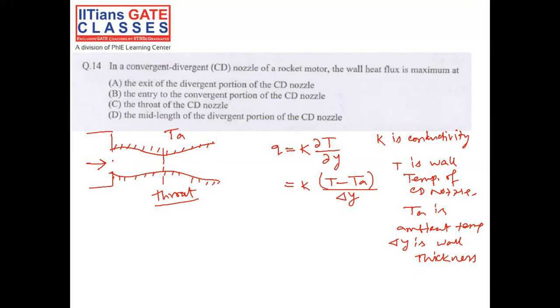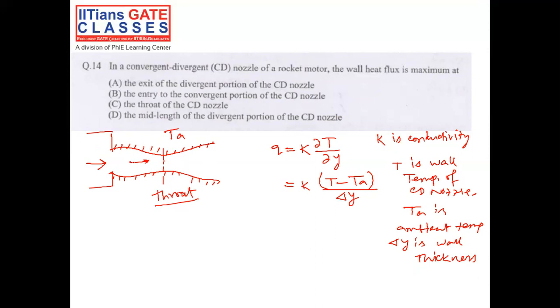As the flow takes place inside this nozzle, the Mach number of the flow increases, which means the kinetic energy increases. And this kinetic energy basically comes from the reduction of the flow temperature.